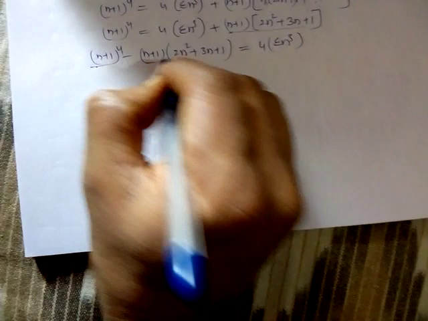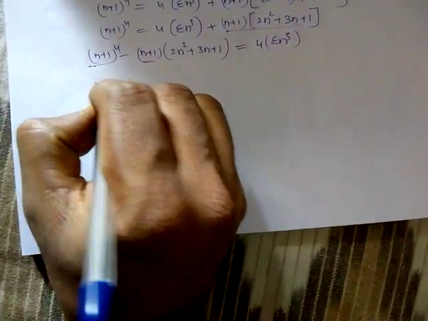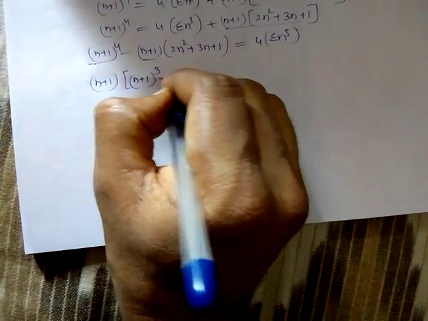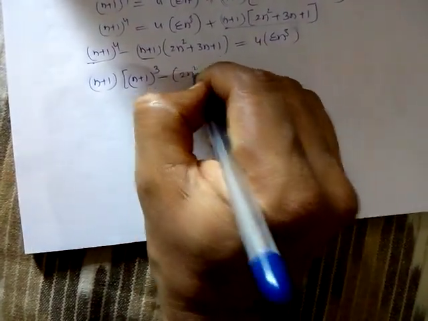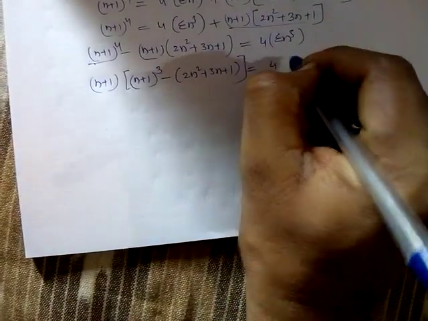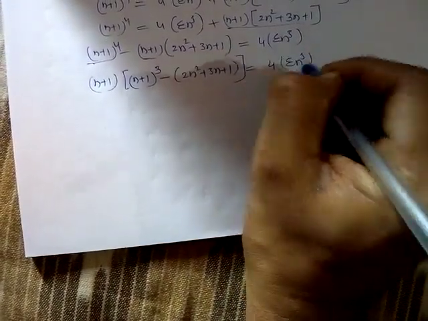So which one is common? n plus 1 is common. By taking common n plus 1, (n+1) whole cube minus (2n square plus 3n plus 1) is equal to 4 into sigma n cube.